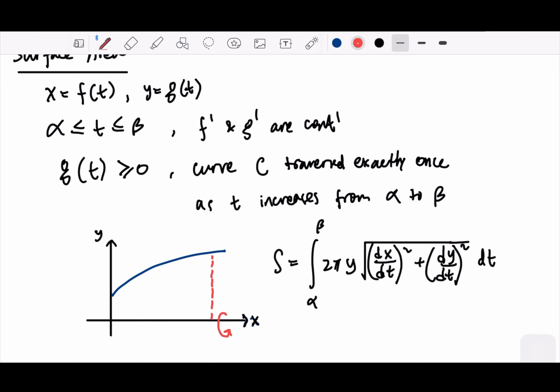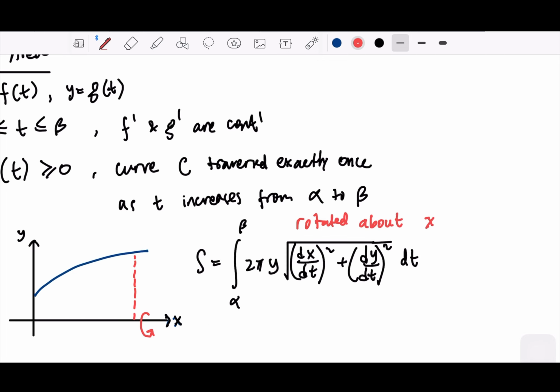This is rotated about the x-axis. If rotated about y, then this becomes 2 pi x and then ds. And for the parametric, it depends on how the functions are.